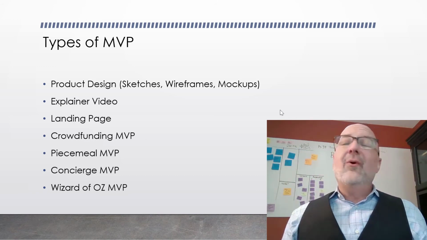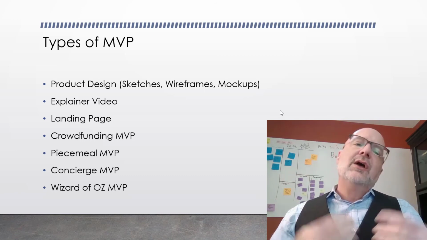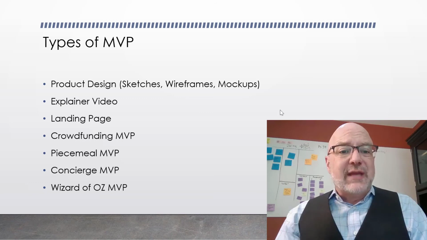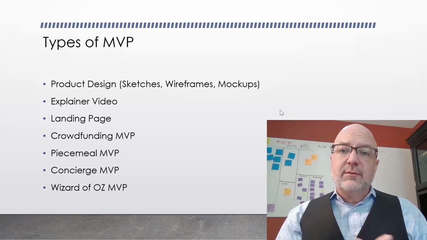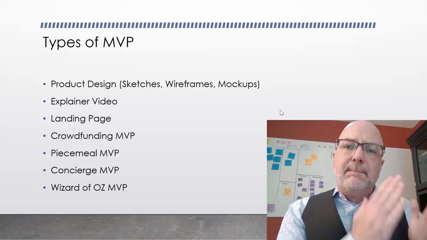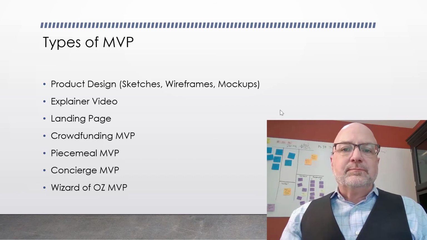The big deal about this is you're not spending a whole lot of money. You probably have to spend some money on marketing, like Facebook ads and stuff, to drive traffic to some of these things, depending on the model you're using. But you're not spending time and money building something. And that's the big critical thing.